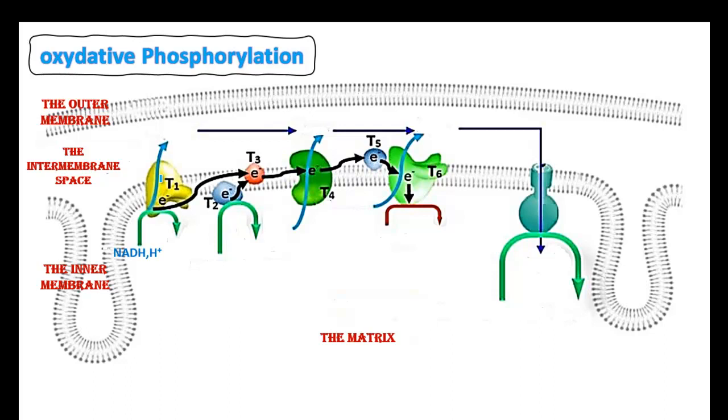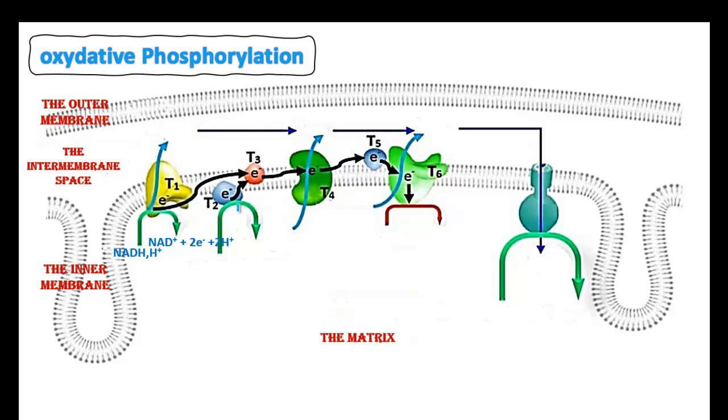So NADH is going to be oxidized into NAD plus, 2 electrons and 2 protons. FADH2 is also going to be reoxidized, but not in complex number 1.